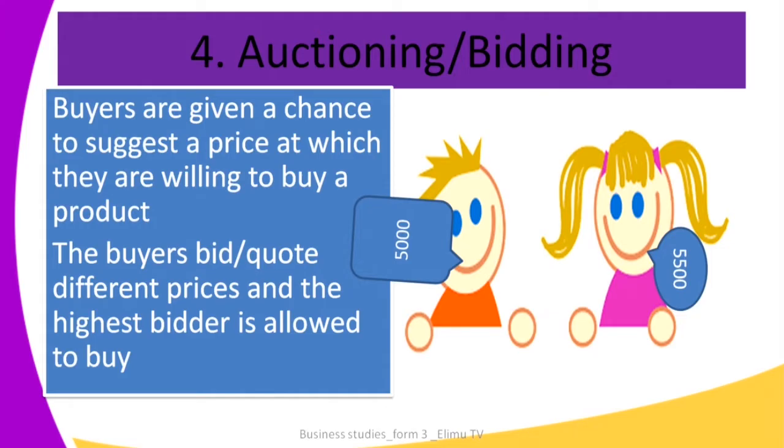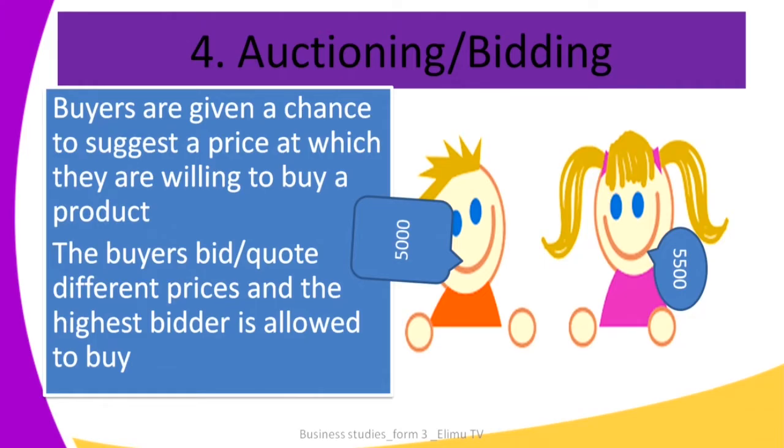The person selling the product just lifts it up, and the congregation suggests. So you just shout the price at which you are willing to buy the product. Then finally, the one who bids the highest price is given the chance to buy the product. So we say that the highest bidder is allowed to buy the product.